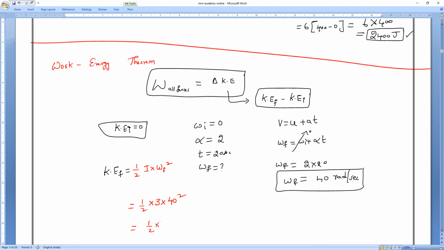So 1 by 2 into 3 into 40 into 40. 2 twenties are 40, 2 threes are 6, 6 fours are 24, so 2400 joules. This is the final kinetic energy.